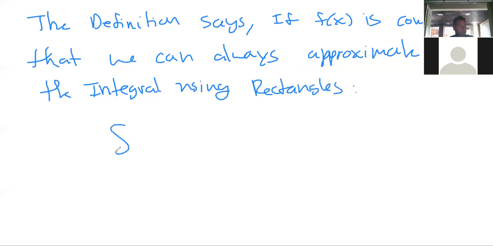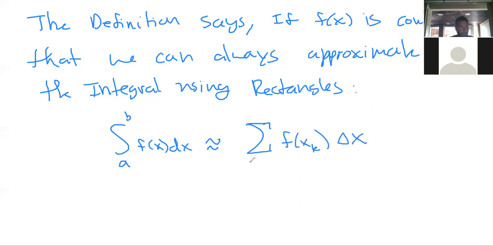What I mean by that is we can take an integral and we can always write it, instead of taking a limit, let's just add up the heights. These are the heights and these are the widths of n rectangles.